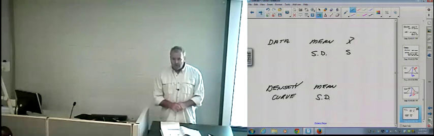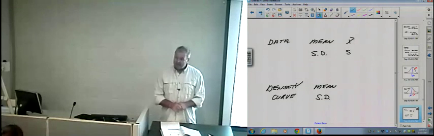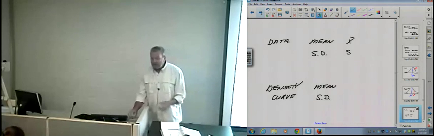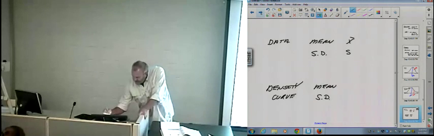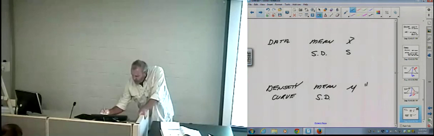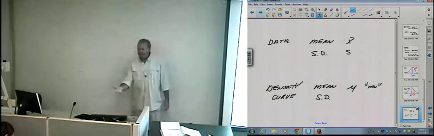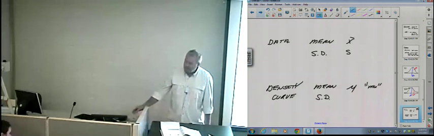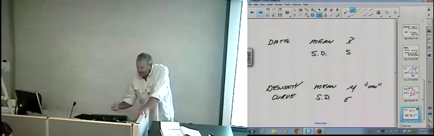We cannot use x bar and s. That's from the data and from the histogram. So for the mean, what we use is mu, the Greek letter mu. It's kind of a funky u. And for the standard deviation, what we use is the lowercase sigma.